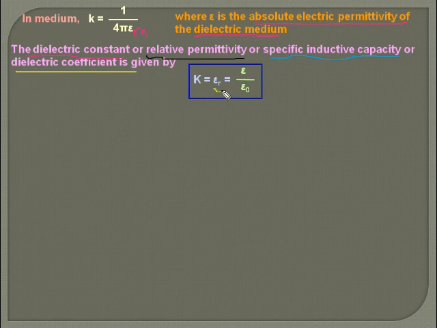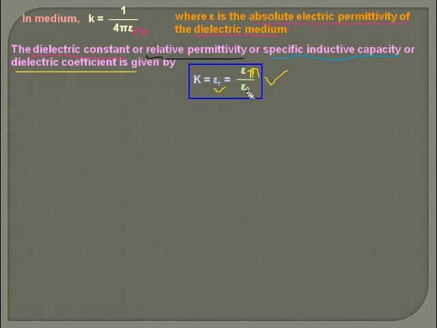So epsilon r is the relative permittivity, which is the ratio of the permittivity of the medium to the permittivity of free space.